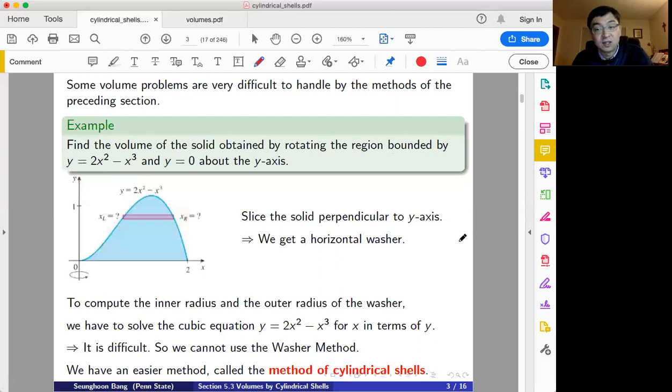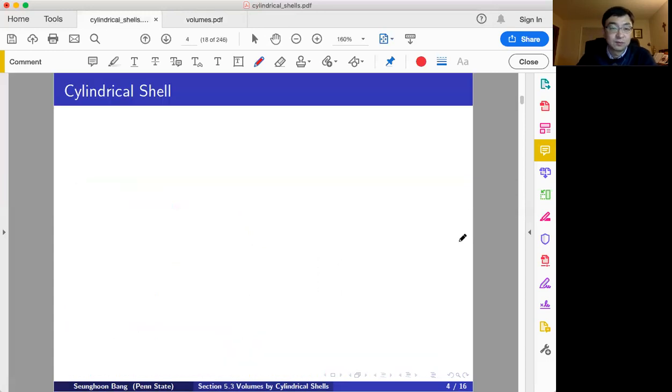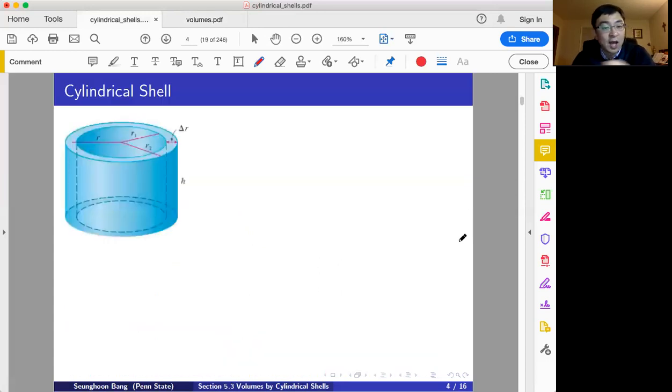So I want somebody let me know what is cylindrical shells method. Here we have cylindrical shell is given like this. R1 is inner radius, right? Here the inner radius R1. R2 is outer radius here.